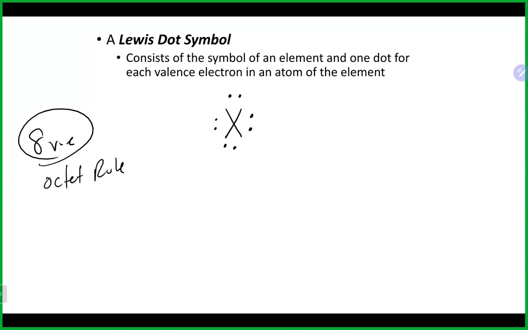By the way, the one exception, which we'll talk about a lot because it never hurts to talk about it early, is hydrogen. To get to a noble gas, hydrogen only needs to go where? What's the next noble gas after hydrogen? Helium. Helium has how many electrons? Only 2. For hydrogen when we're doing bonding, that is the reason it only needs to get to helium to get noble gas configuration.